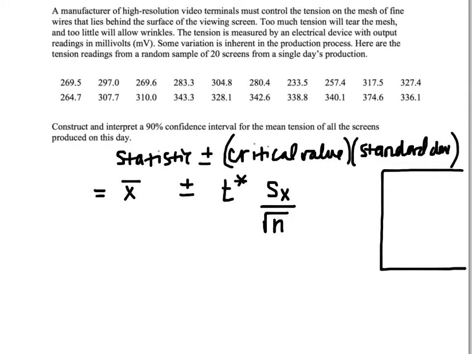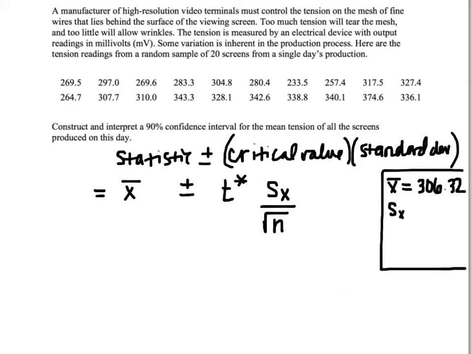We can find the sample mean and the sample standard deviation using one variable stat on our calculator. So you would go to Stat, Edit, Calc, and one variable stat. It tells you that x bar is 306.32.